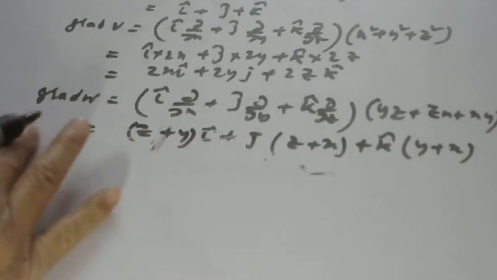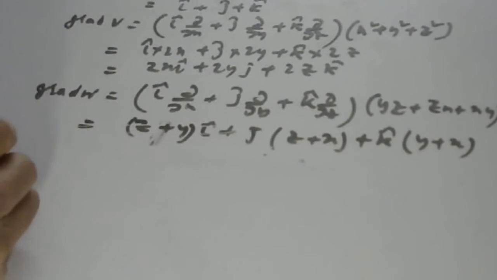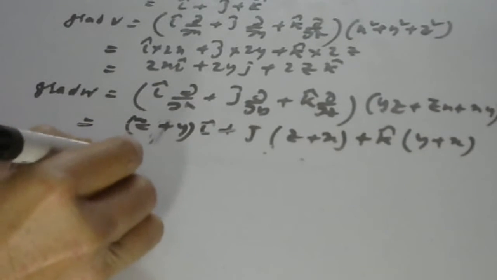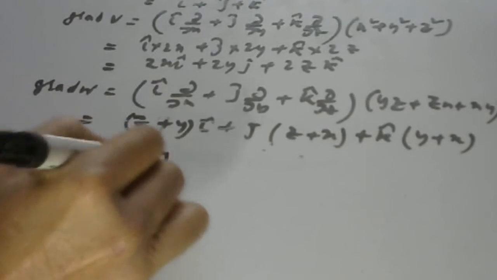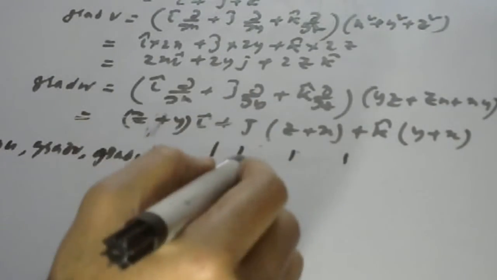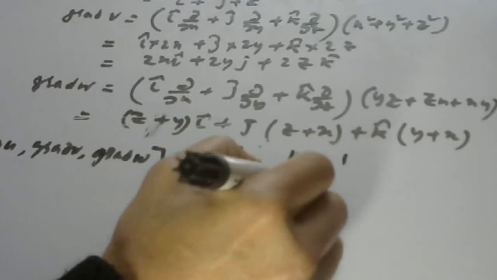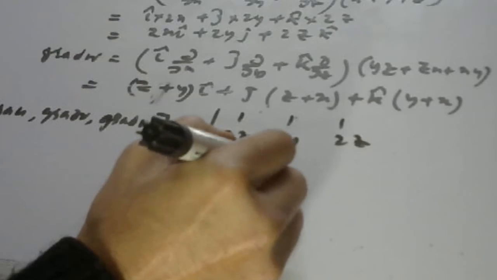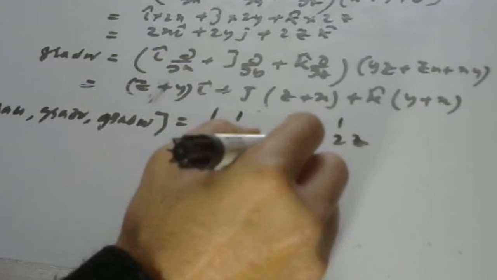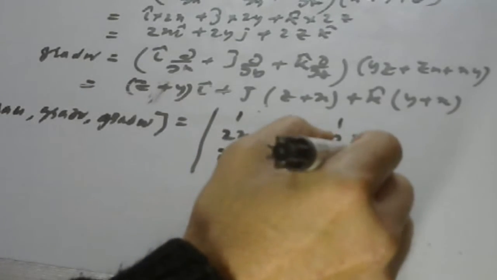We calculate this. This is grad of u, grad of v, grad of w, and this is scalar triple product equal to, we write determinant method. This is 1 1 1. Another vector we have 2x 2y 2z, and third vector is here z plus y, z plus x, x plus y.